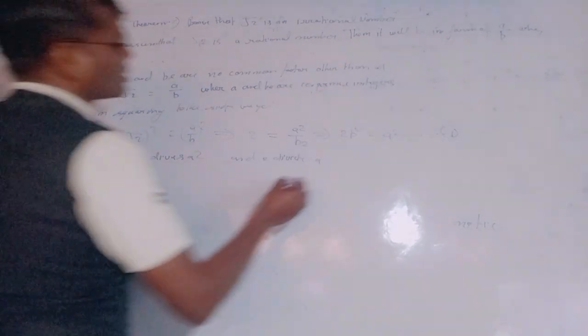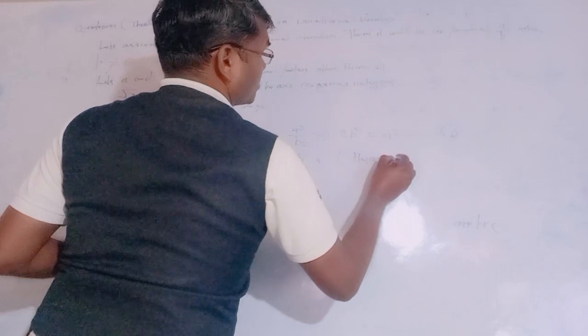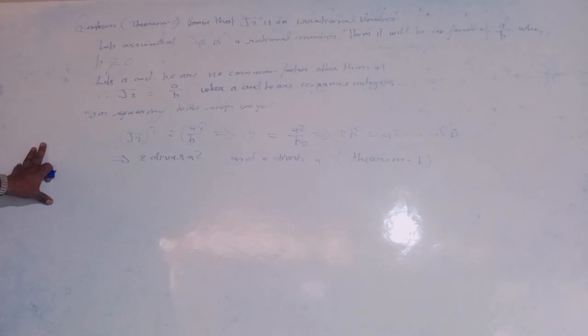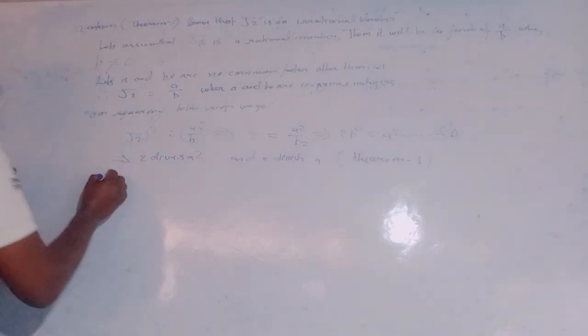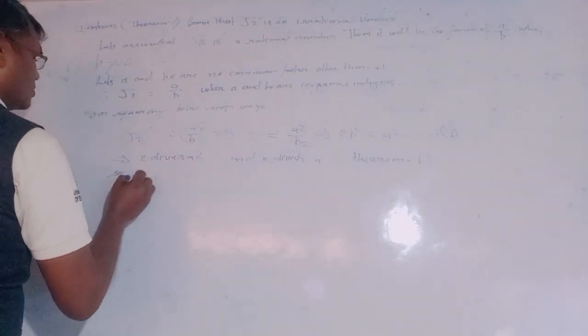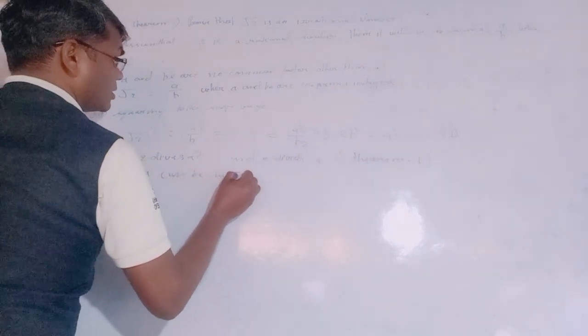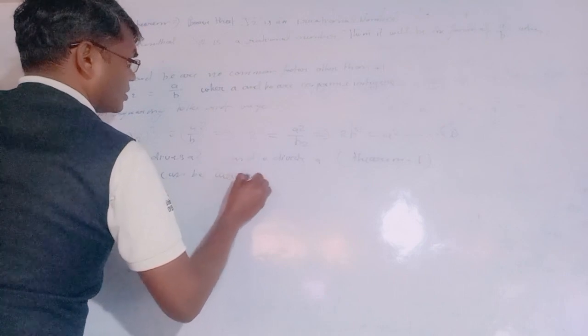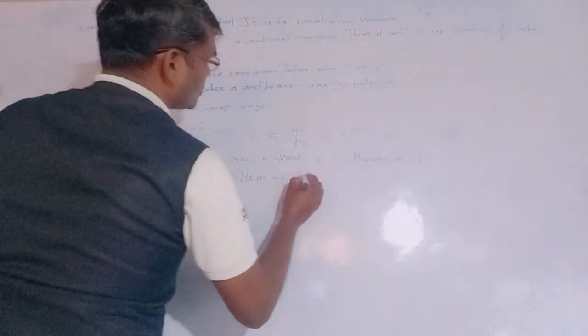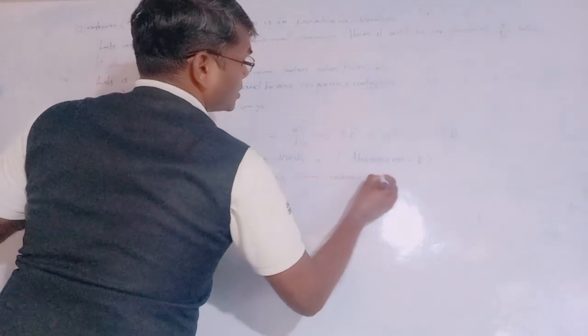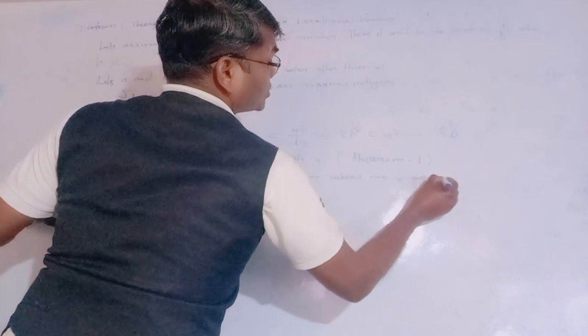Because of theorem 1, as we have told before. So a can be written as 2m, where m is an integer.